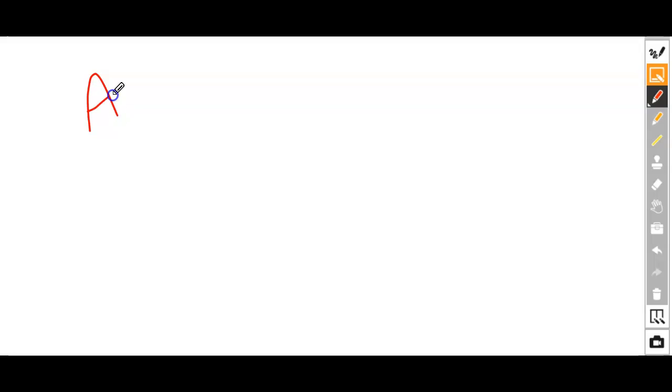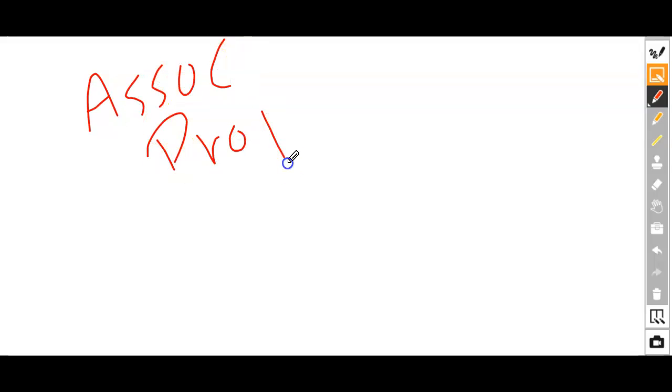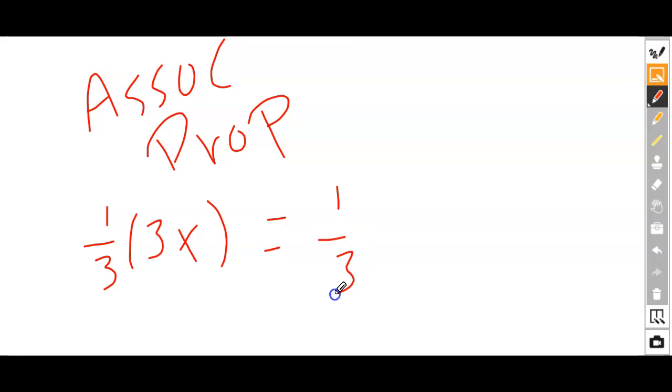We have the associative property as well. The associative property says I can move parentheses around. So here's one that's on your homework, 1/3 parentheses 3x. So associative property just says I'm just moving the parentheses around, no numbers. So I'll rewrite this as 1/3 times 3 and put the parentheses around that times x out there.